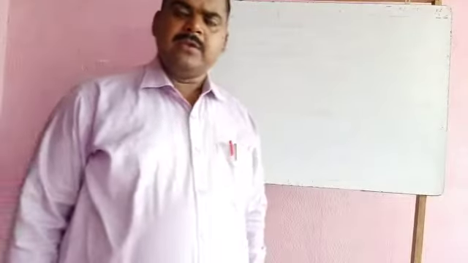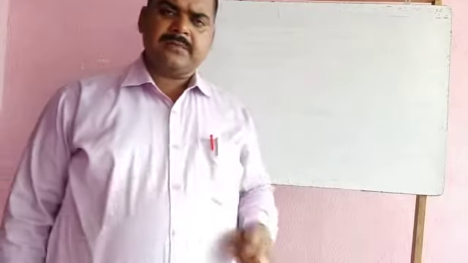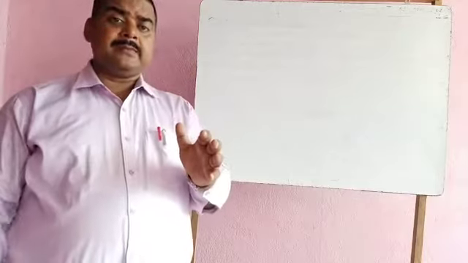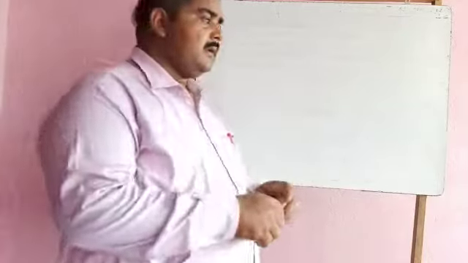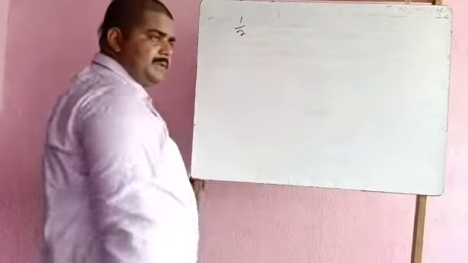If anyone asks you how many equivalent rationals you can find, the answer is infinite, because infinitely many numbers can be multiplied or divided into its numerator and denominator. I have just taken the multiplication. Suppose that 1 upon 2 has been given.